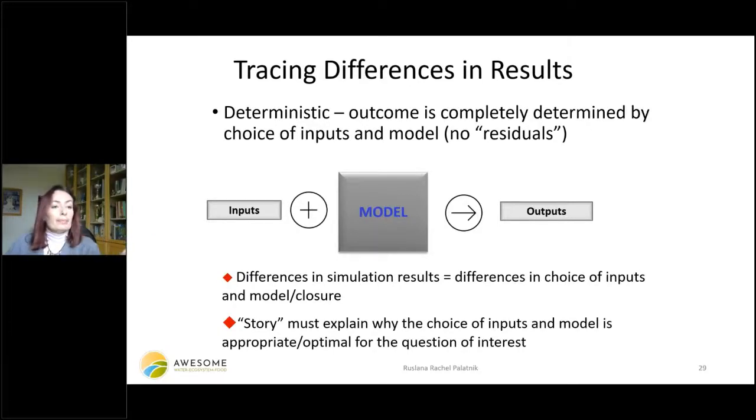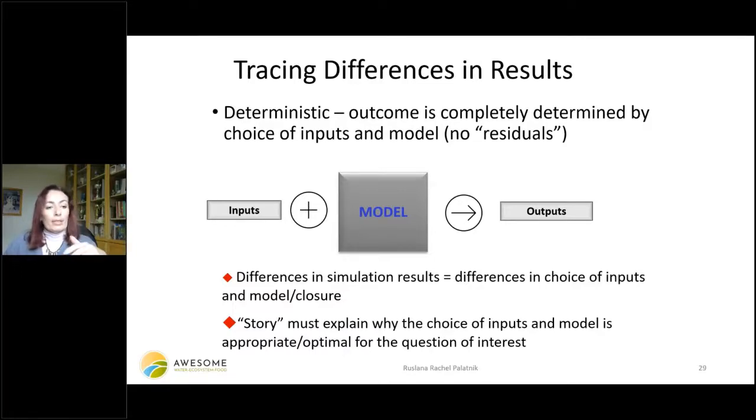So in order to trace the differences in the results, we should understand that the results of those models are deterministic. Okay, the outcomes are completely determined by the choice of inputs and the models. There are no residuals in this analysis.